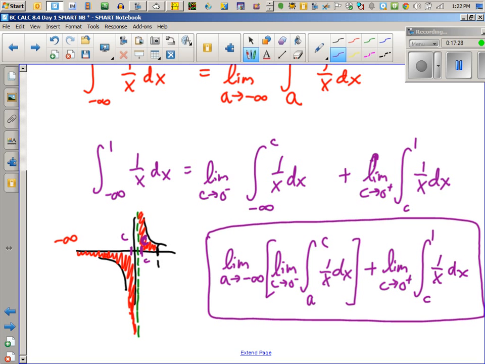You can actually put the limits in either order, it doesn't matter. They're very forgiving. This one only had one issue. On the journey from c to 1, c was 0 originally, so I had to change it to a c and let c approach 0 from the right. So this is how you rewrite an integral in proper form. And you can imagine it would be even worse if there were more asymptotes or something like that, right? Does that make sense? Okay.